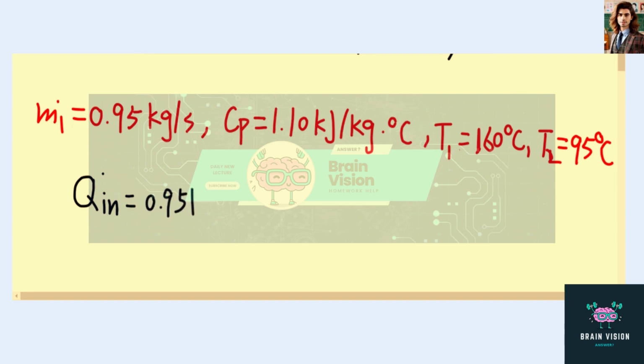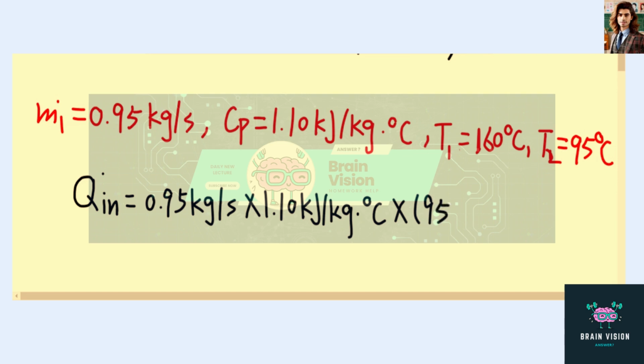0.95 kilogram per second times 1.10 kilojoule per kilogram times degrees Celsius, and then times 95 degrees Celsius minus 160 degrees Celsius.